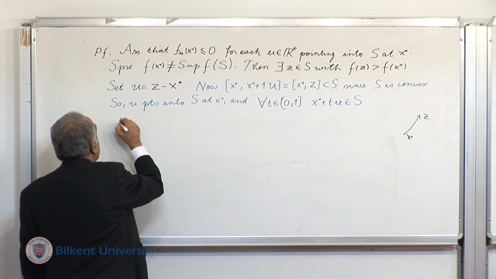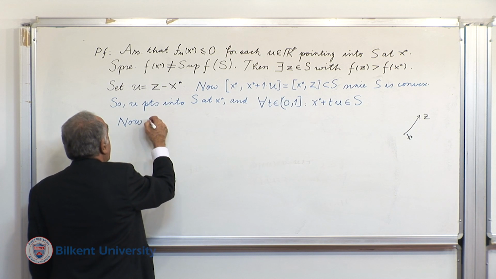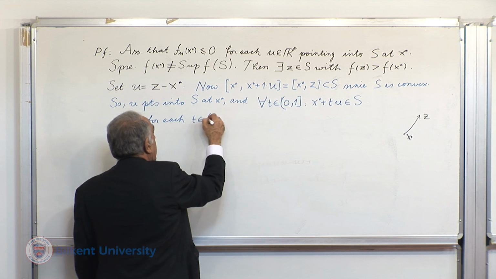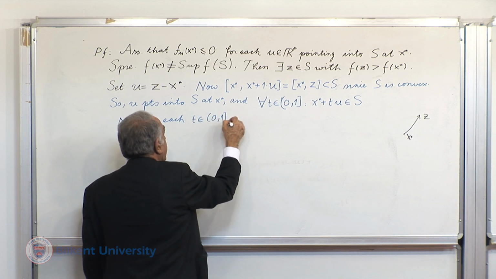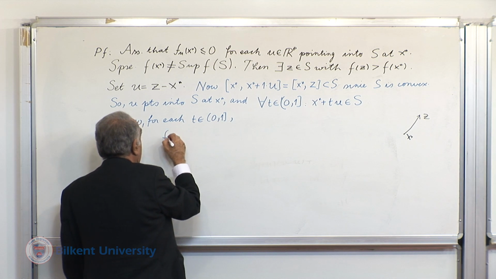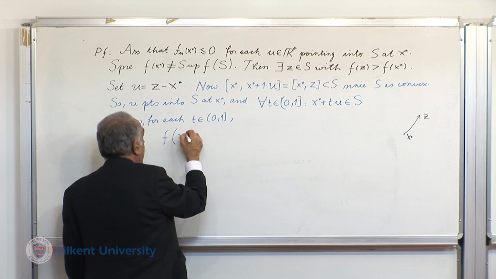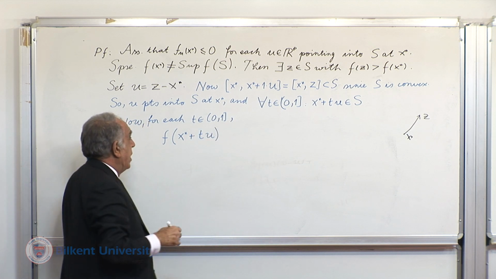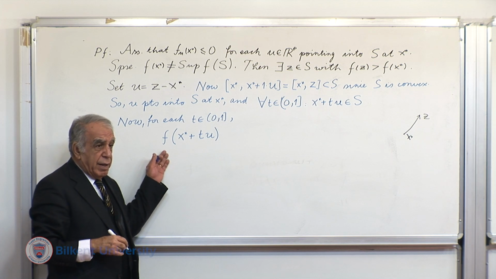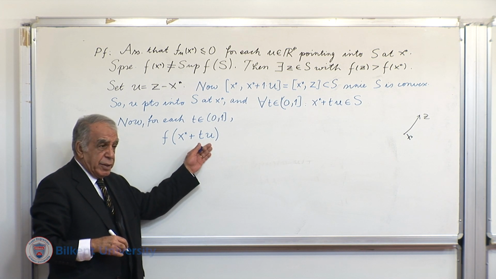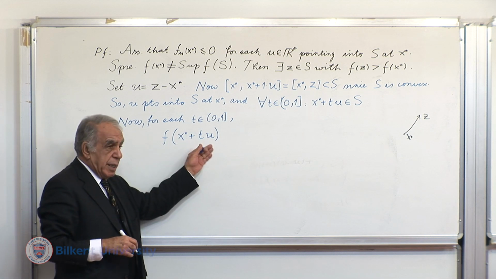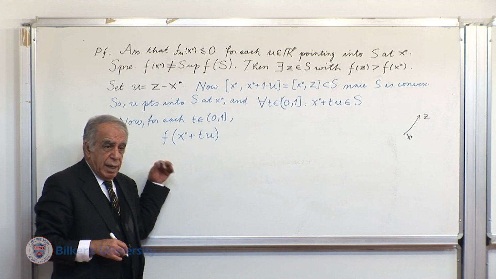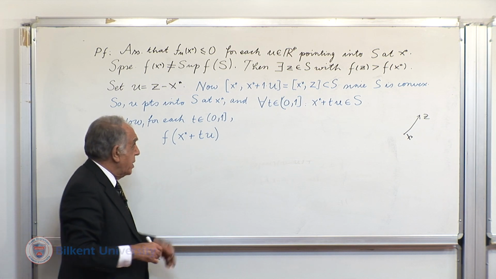So now for each t in 0, 1, let us consider f of x star plus tu. Because the directional derivative of f at x star in the direction of u will be this expression minus f of x star divided by t, and you take the limit as t tends to 0.